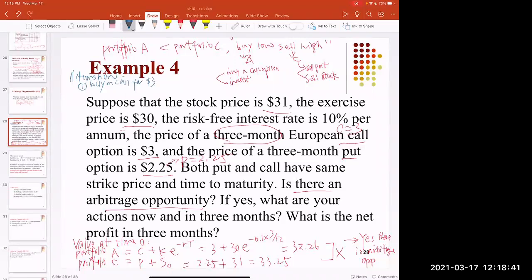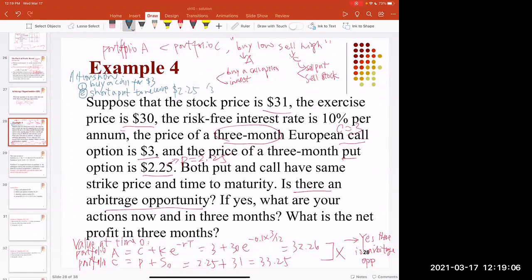The call price is $3. And then you're gonna sell, which is short, a put. You're gonna receive money because you sell, right? To receive 2.25. That's the money you're gonna receive.